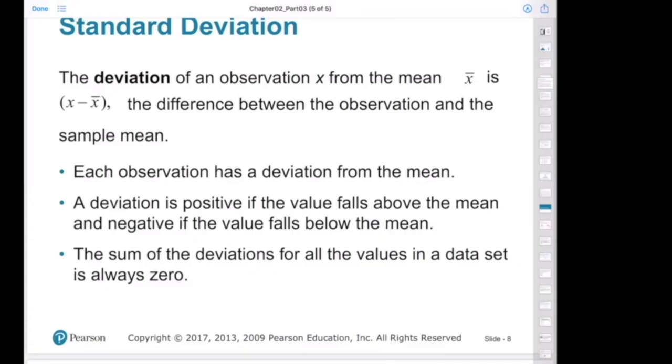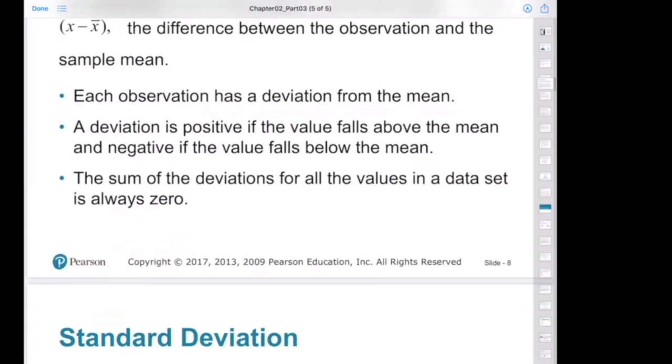Write any numbers, find the mean, find the deviations for each number, x minus x bar, and find the sum of these deviations. It is always equal to 0, because some deviations are negative and some are positive. They cancel each other, so it's equal to 0. Try it at home, and this property is correct, okay?